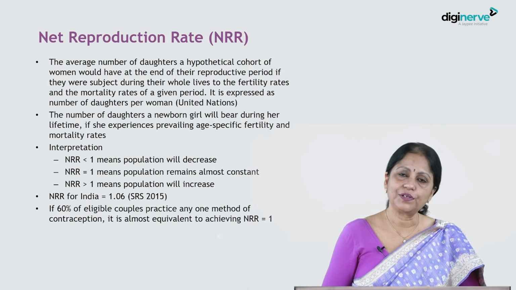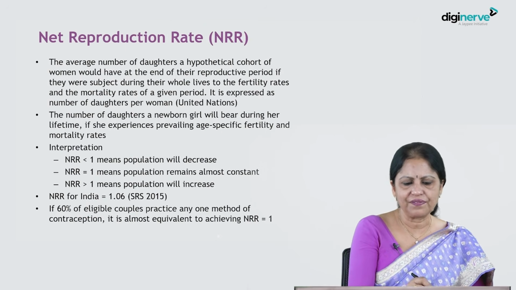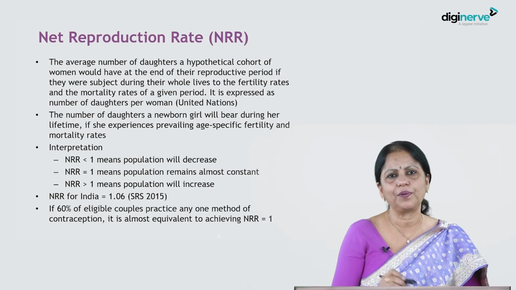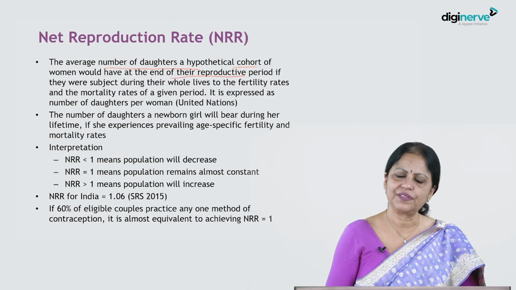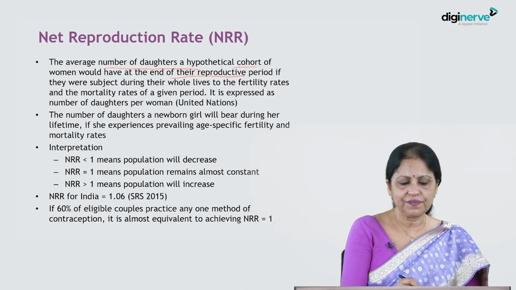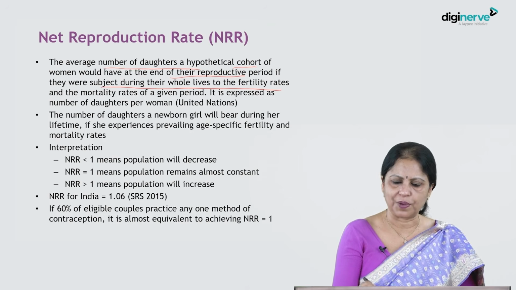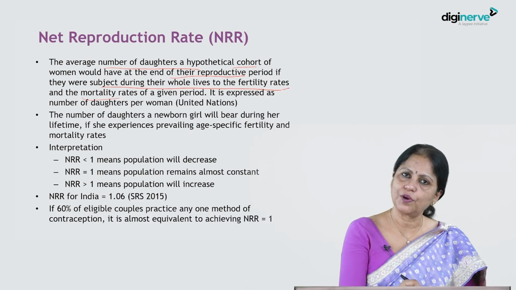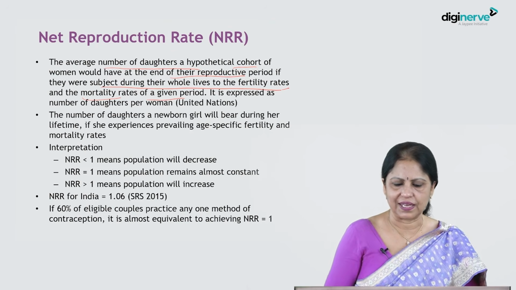So the next important one is net reproduction rate. This means the average number of daughters a hypothetical cohort of women would have at the end of their reproductive period if they were subject during their whole lives, that is reproductive span, to the fertility and mortality rates of a given period, whatever was prevailing at that time.